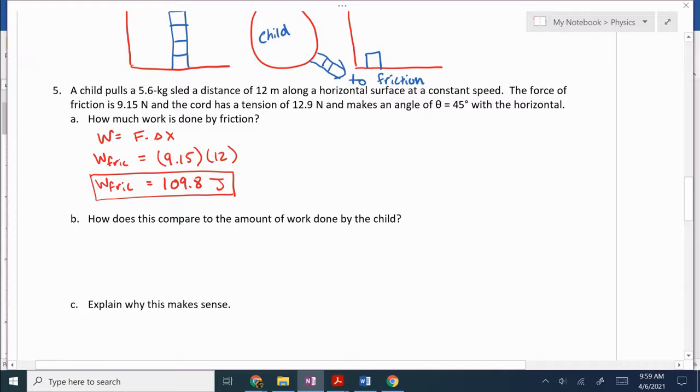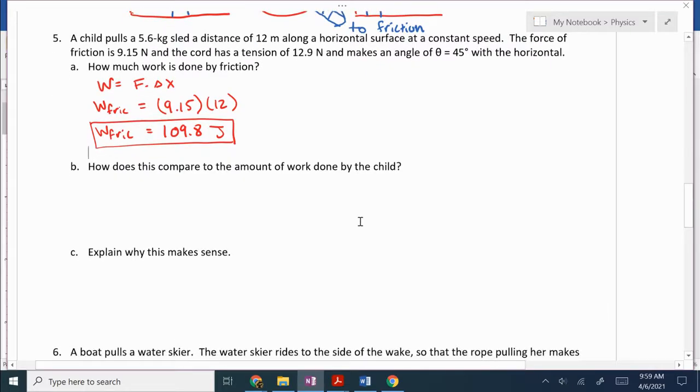Moving on to the next one. How does this compare to the amount of work done by the child? To figure out the child, we have to do a little more work here, because we can still use work equals force times displacement, but let's recall that the force is only the force that is parallel to the displacement.